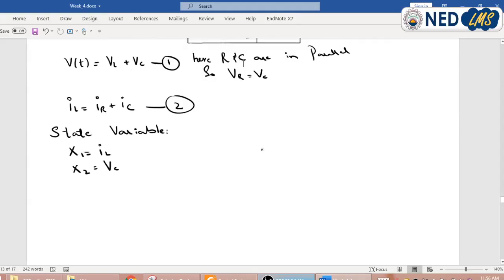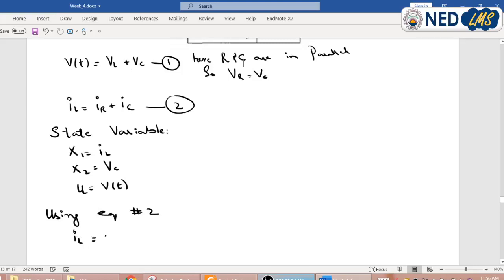So these are the two state variables, and the third variable will be the input, which is basically V of t. I have equation number 2. I can write an equation using equation number 2, IL. This is the state parameter.